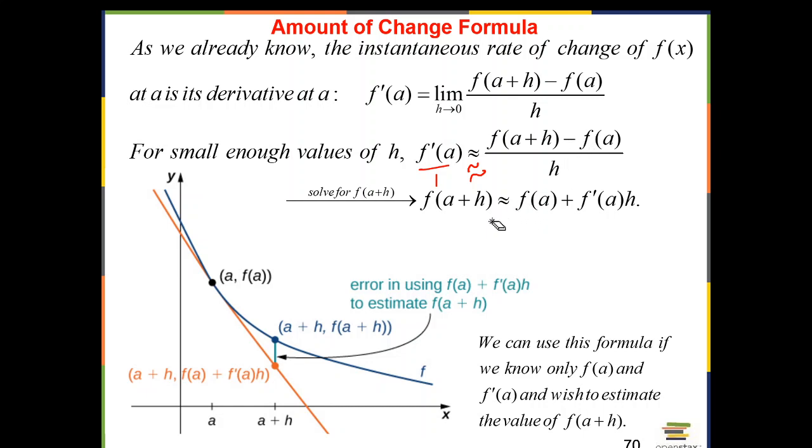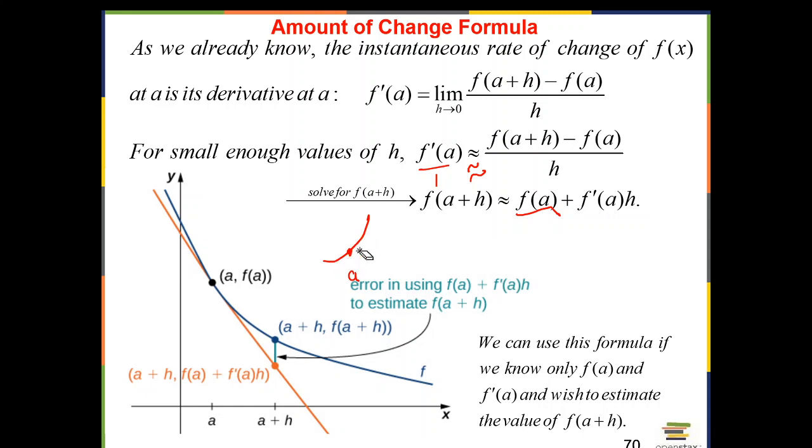f of a. So that means if I have a function and I know the value of the function at a, so if I know f of a, and I know the value of the slope of the tangent at a, right?